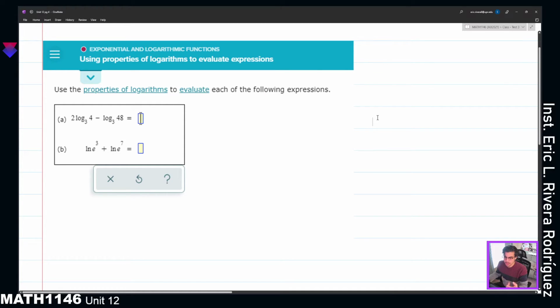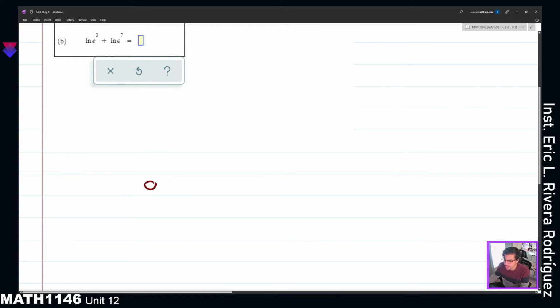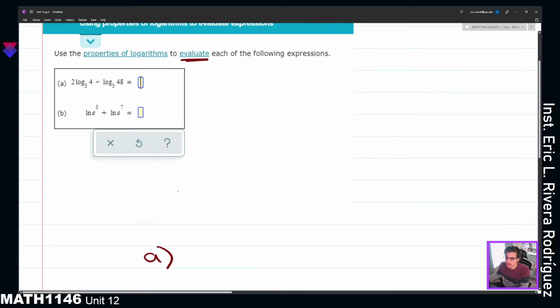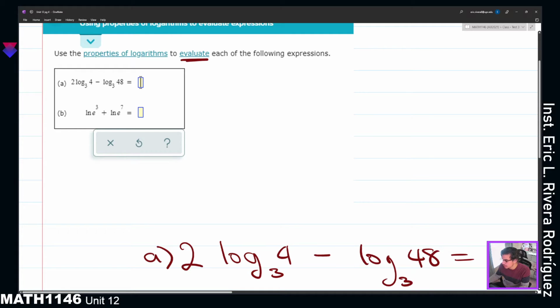Again, here we are going to use the property of the logarithm. Here we want to evaluate. So we want to know exactly the value of this expression. So let me put them here so you can see it better. 2 log base 3 of 4 minus log base 3 of 48, and what's the value?